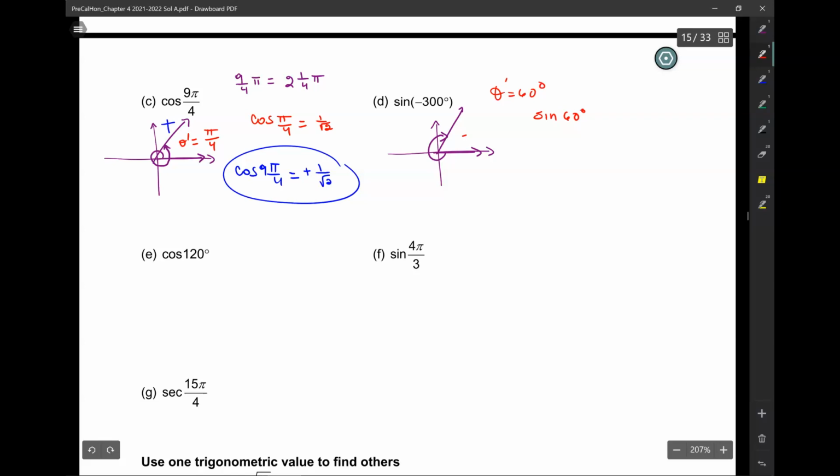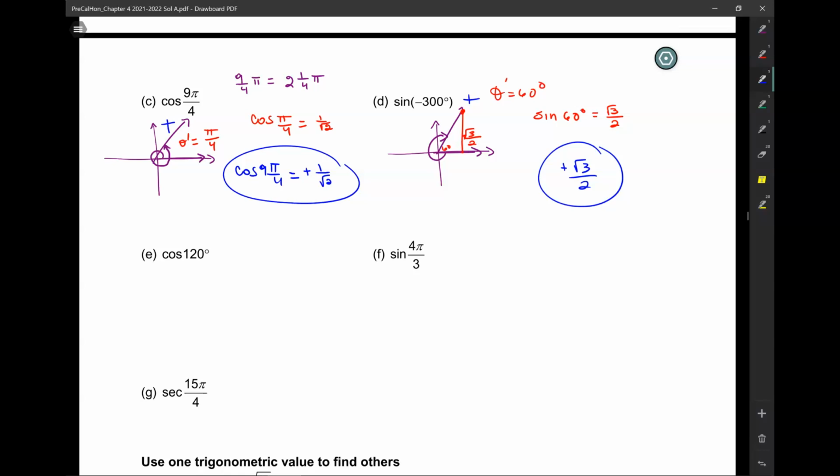I don't care that it was a negative angle. The reference angle is positive as far as I'm concerned. So look, a 60-degree angle looks like this. I go up higher than I would go across. So this vertical side is root 3 over 2. So sine is root 3 over 2. In that quadrant, is sine positive or negative? Positive, so the answer is positive root 3 over 2.